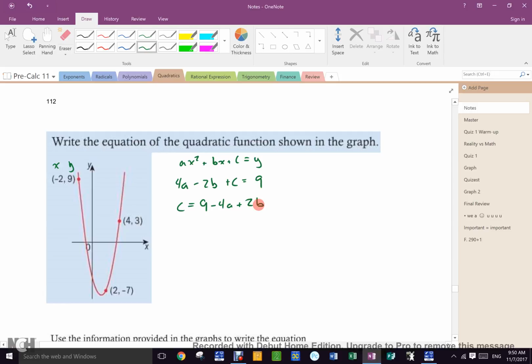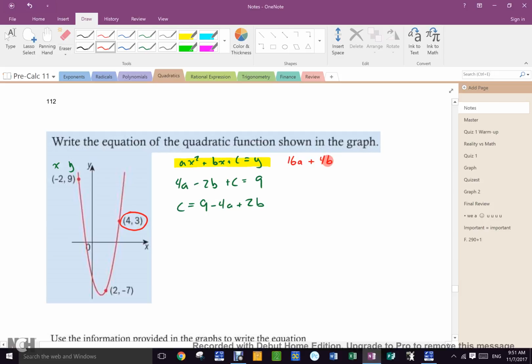Okay. Now, watch this. I still have this available to me, right? Do I still have an x and a y there? So, watch this. I'm going to work in red now. 16a plus 16a plus 4b, right?